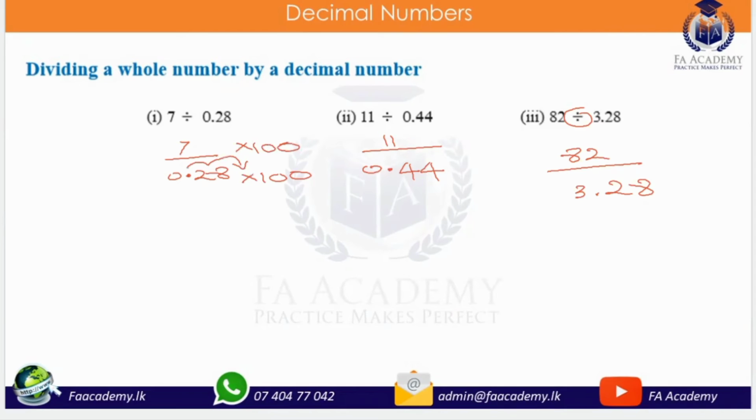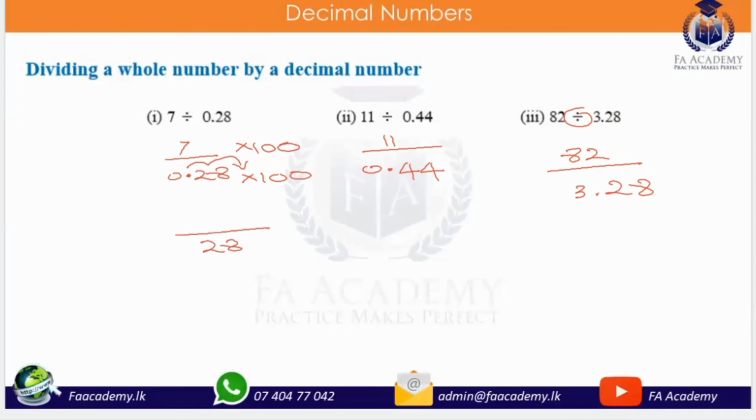Whatever you do to the denominator should be done to the numerator also, because then you won't see the value of the fraction change. We can't only do a thing to the denominator and leave the numerator as it is. The value of the fraction might change. So whatever we do to the bottom should be done to the top as well. Down below, when we move the decimal, it becomes 28.